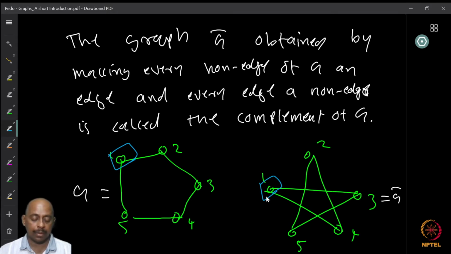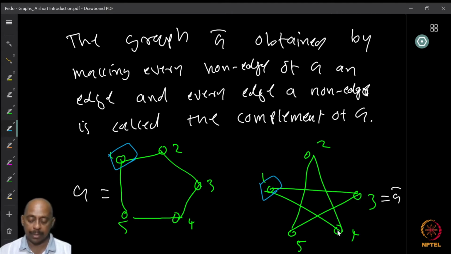Then 2, right? So 1, 2 and 1, 5 are edges. So therefore, I want to make sure that wherever these are going, those should also be edges. So I want 2 to be going to, let's say, 3 or 4. One of these I have to do.